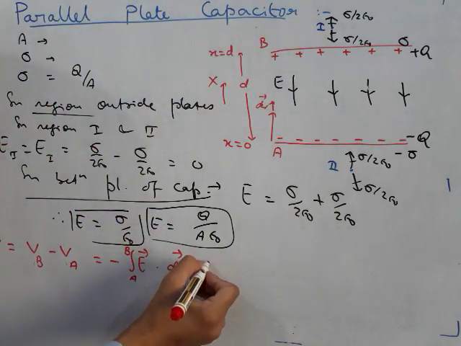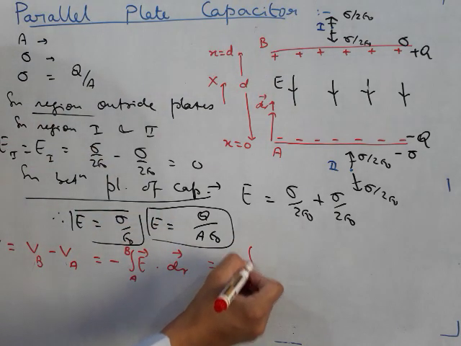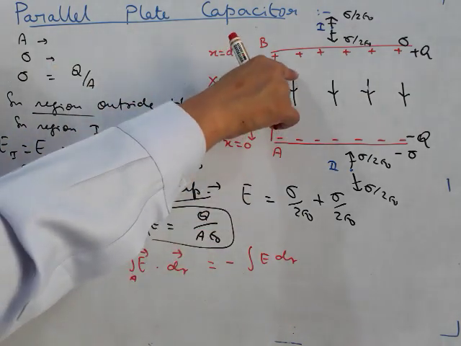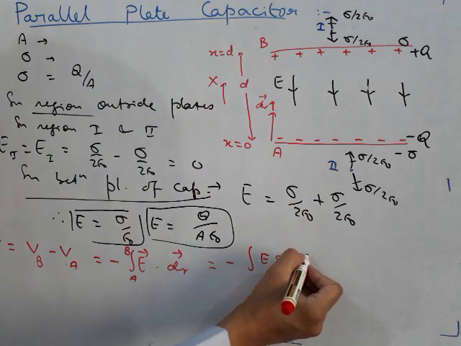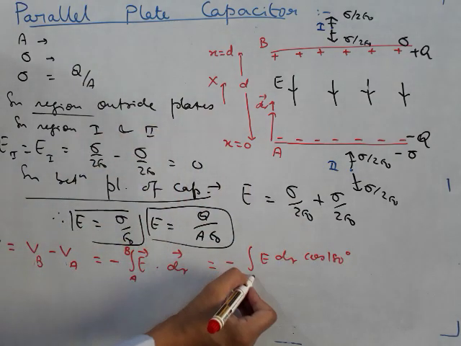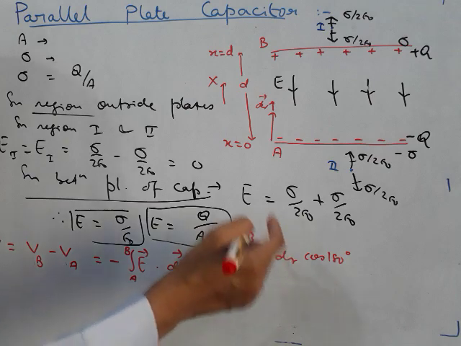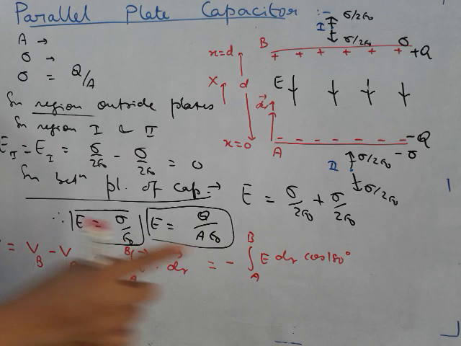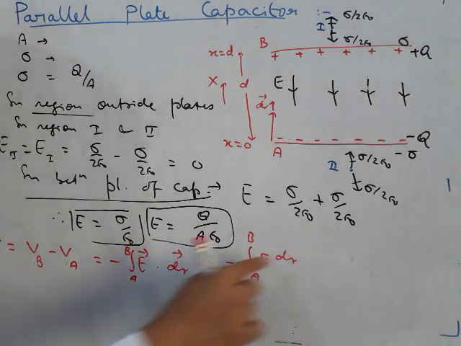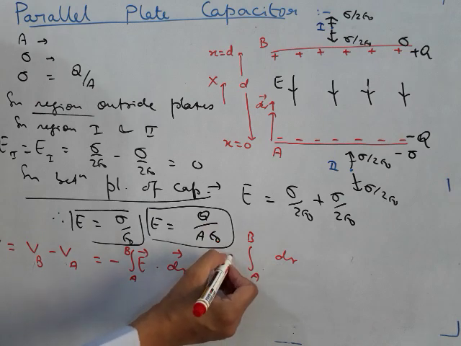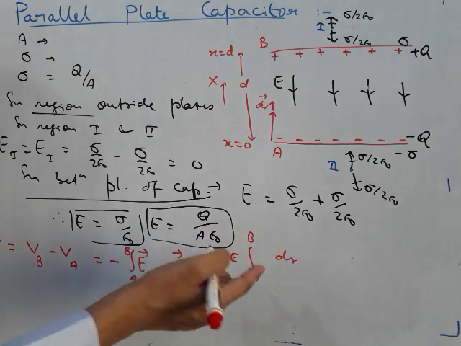So E dot dr will become minus E into dr into cos 180 degree, because E and dr vectors are in opposite direction as per our figure. Dr is in the direction from A to B. Cos 180 becomes minus 1. So this minus and this minus becomes plus. E is constant, so E will come out of the integration. Integration dr is nothing but R.